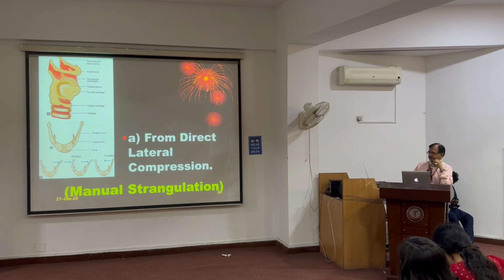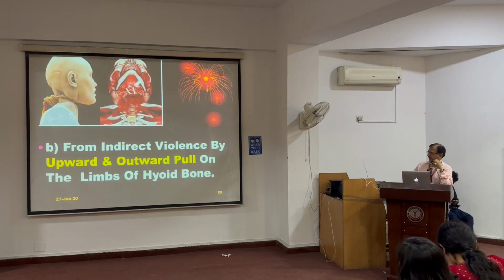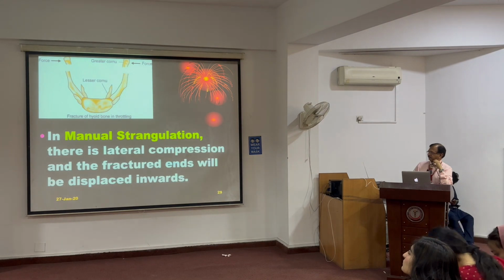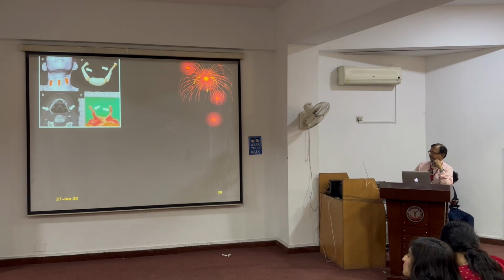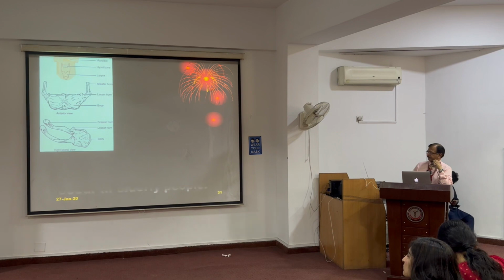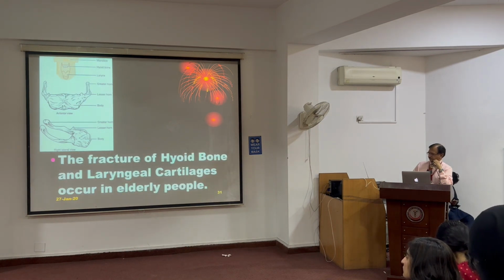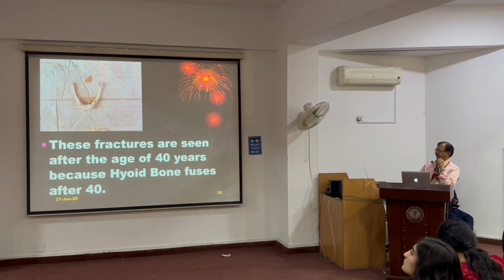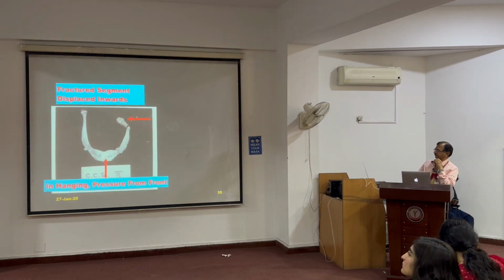So the lateral compression is the manual strangulation, and indirect is in hanging. In manual strangulation, the fractured ends will be displaced inwards, whereas in hanging they will be displaced outwards. And usually it is seen after the age of 40 when it has been ossified. This is showing the inward displacement.